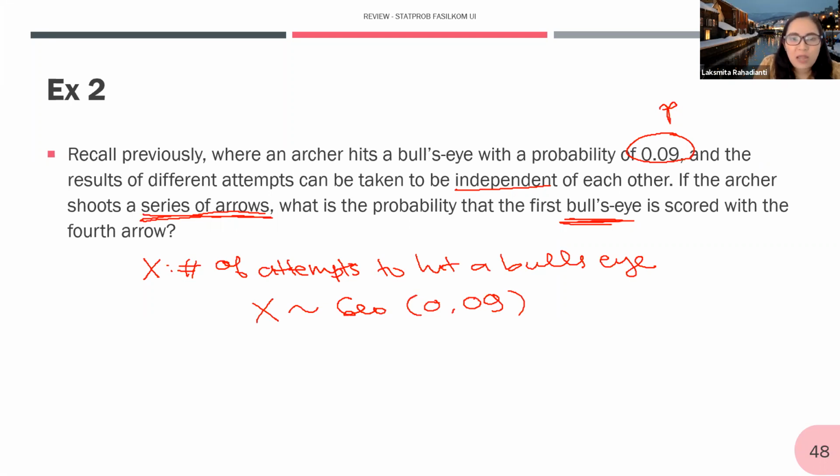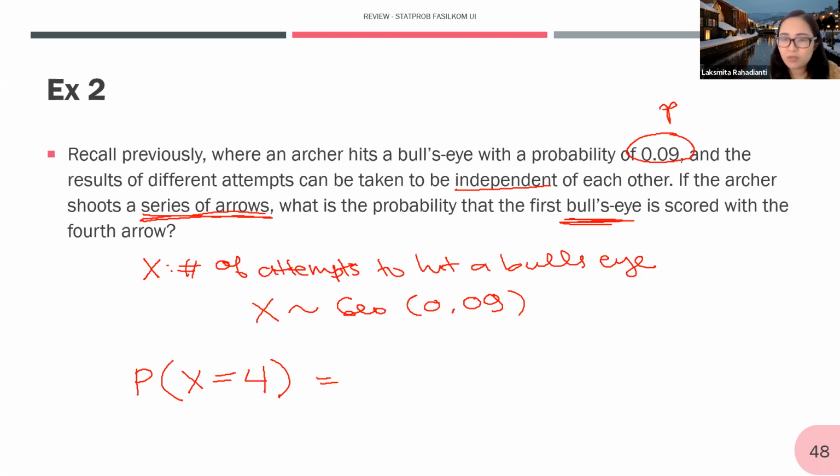And once again, what I'm trying to compute is what's the probability that the first bullseye, the first success, is the fourth arrow. So what's the probability that I need exactly 4 attempts to get that first success? Don't forget that the first successful attempt is calculated as well. So if it's the fourth one, that means the fourth attempt is also calculated. X equals 4.